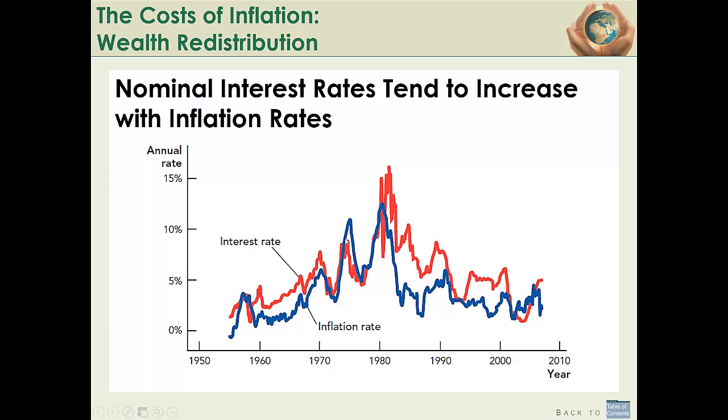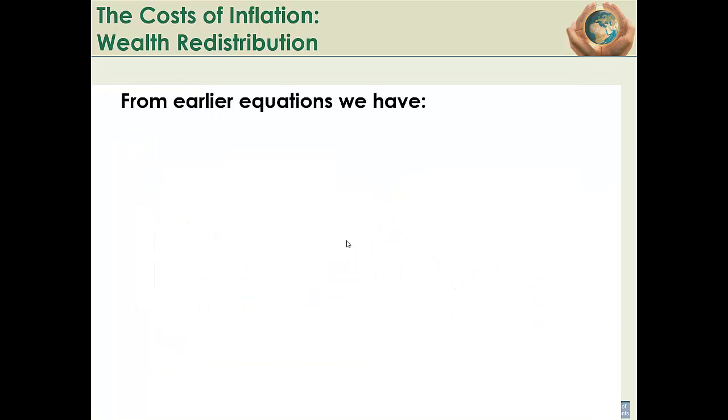However, in a period like you see here in the mid-70s, inflation was higher than what firms expected. As a result, the real rate of return was negative. The reason it's negative is that the inflation rate exceeds the nominal interest rate. The bank set a nominal interest rate based on what they thought inflation would be, but because of unexpected inflation, the real rate was actually negative.